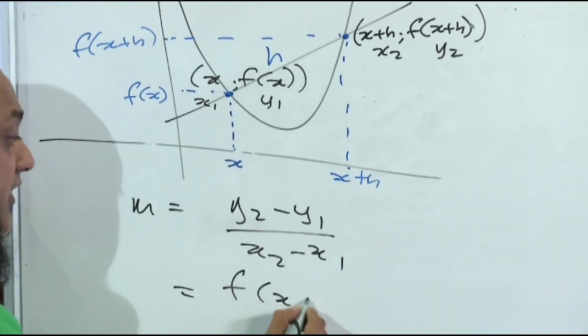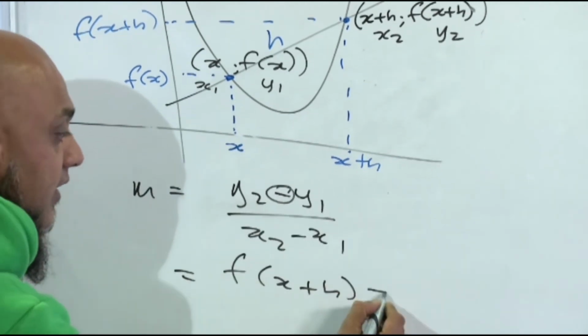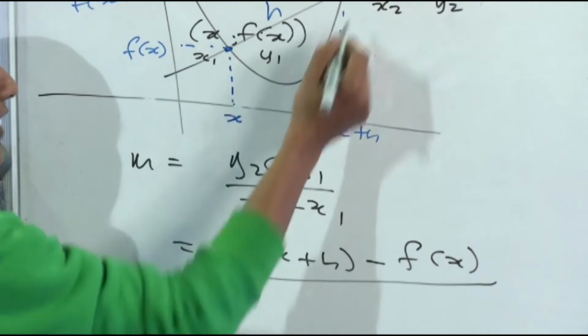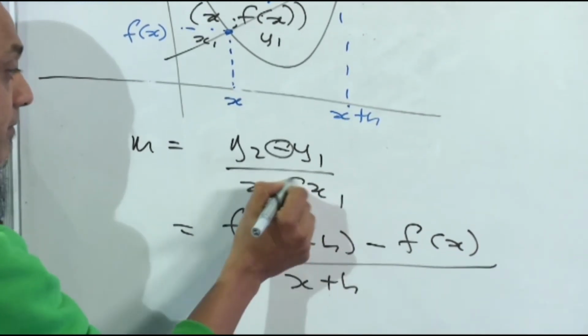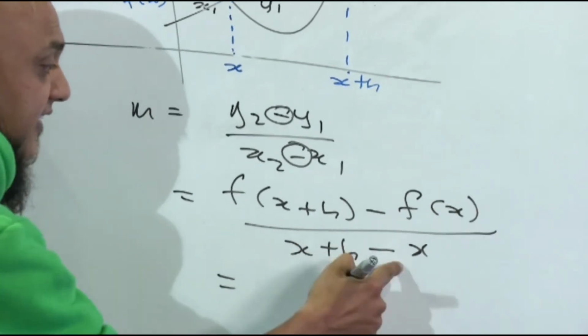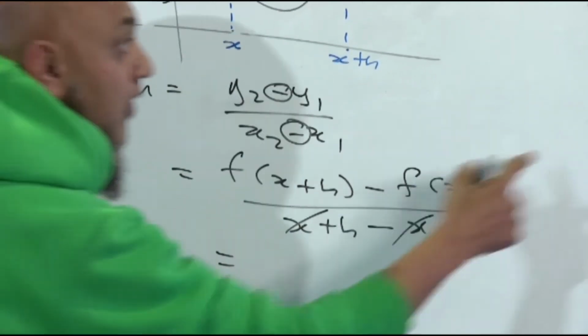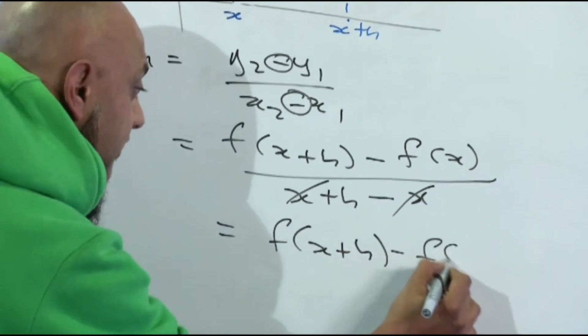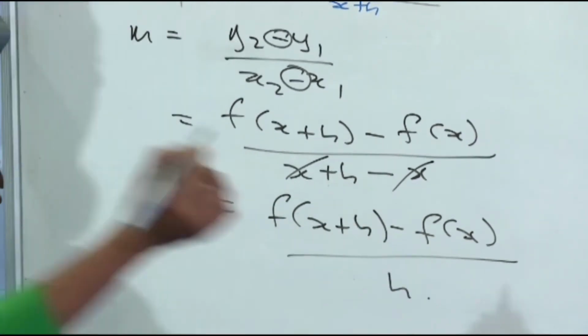F of x plus h, minus y1, f of x, over x2, x plus h, minus x1, x. Now x minus x will cancel out. I get f of x plus h minus f of x all over h.